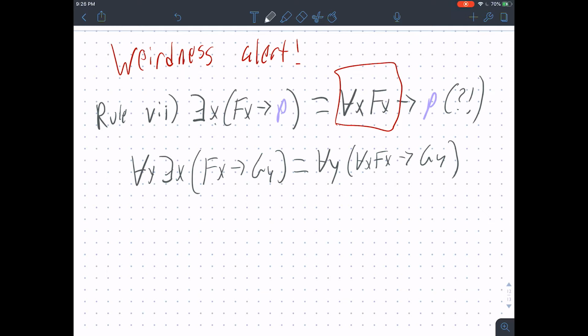Again, I'll give you literally a proof of why this equivalency is the way it is, if you're curious. I was curious. Oh, and again, this one also works in reverse. I'll actually show you the example because this is a weird one.